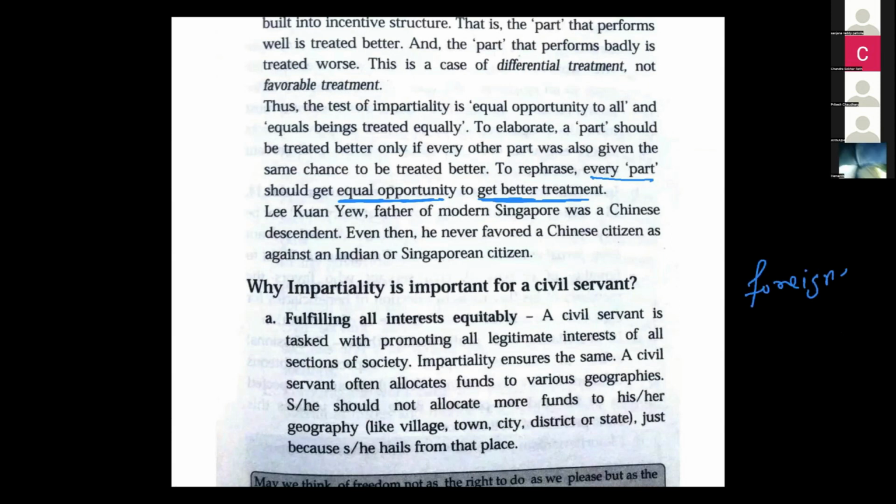A lot of foreigners also stay here, right? They are also working here. They are also paying taxes.